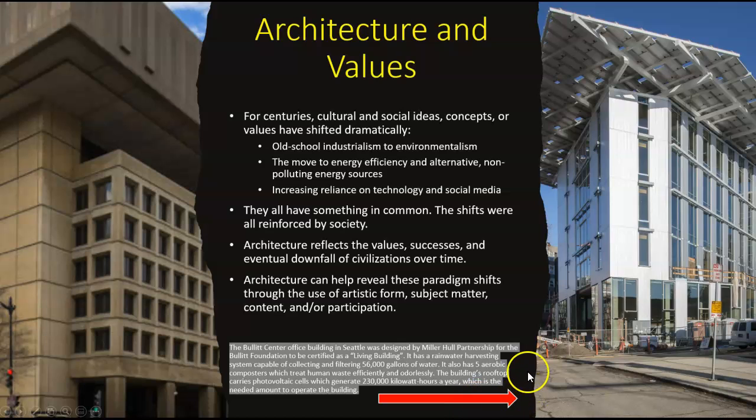And it also has 5 aerobic composters, which treat human waste efficiently and odorlessly. And the building's rooftop carries photovoltaic cells, which generate 230,000 kilowatt hours per year, which is the amount needed to operate the building. So the building is totally self-sufficient. This is incredible, a living building.